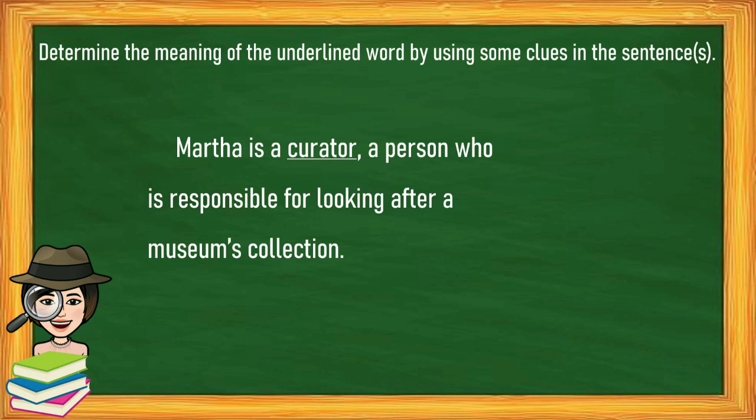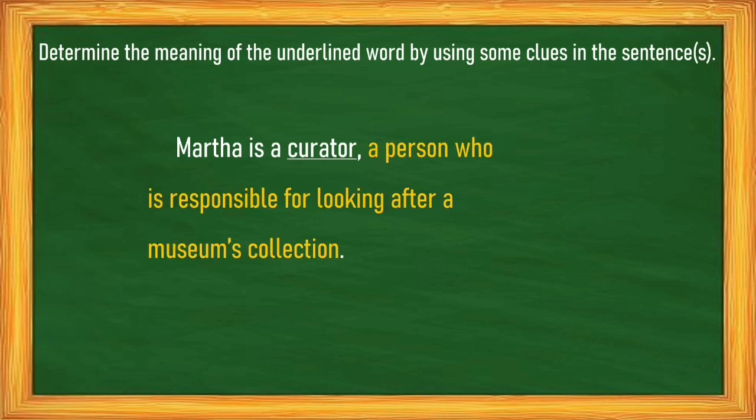Martha is a curator, a person who is responsible for looking after a museum's collection. The difficult word here is curator. Now, what do you think is the meaning of curator? That's correct. When we say curator, it is a person who is responsible for looking after a museum's collection. Now, since the meaning of the word is given in this sentence, what type of clue is used by the author?